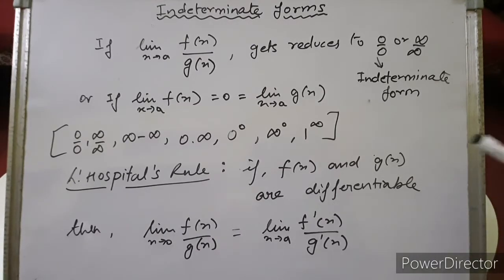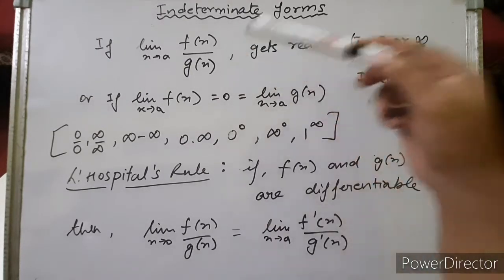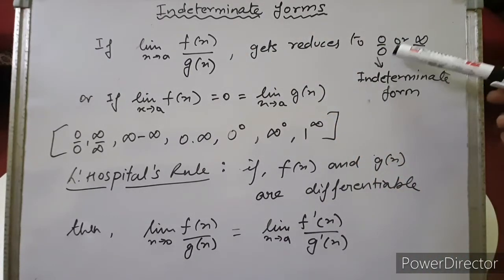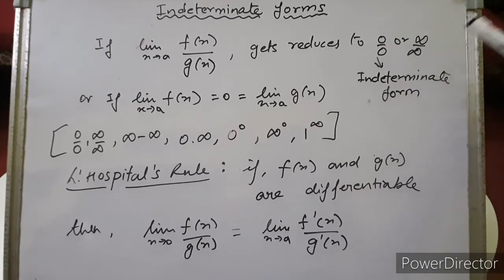Okay children. Now this L'Hospital rule says, if f(x) and g(x) are differentiable and the limit x tends to a of f(x) upon g(x) is given, where we are getting an indeterminate form, 0 upon 0 form, or infinity upon infinity form. L'Hospital rule, children, is applicable in only these two forms.